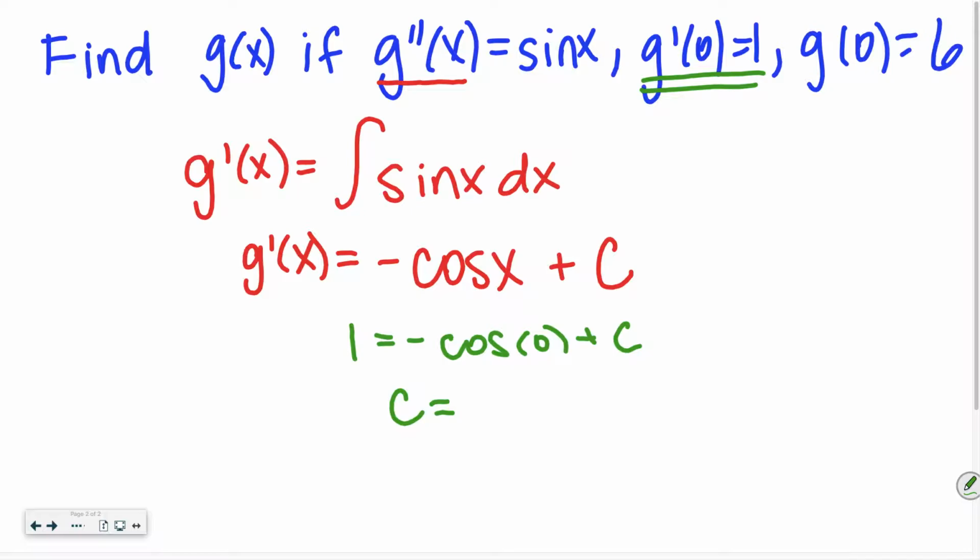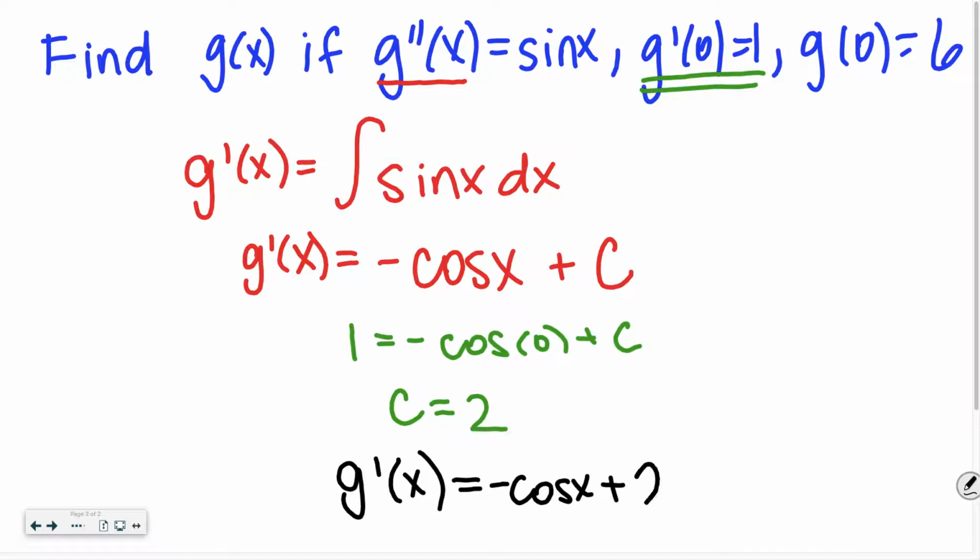What's our c value? So we know that g prime of x in this particular scenario is negative cosine of x plus 2.